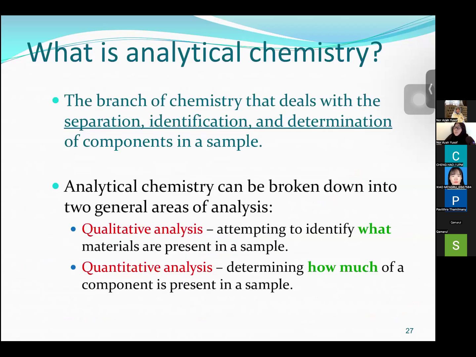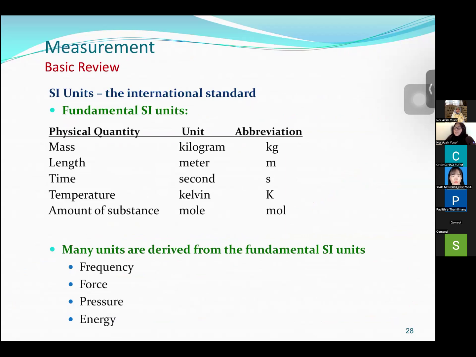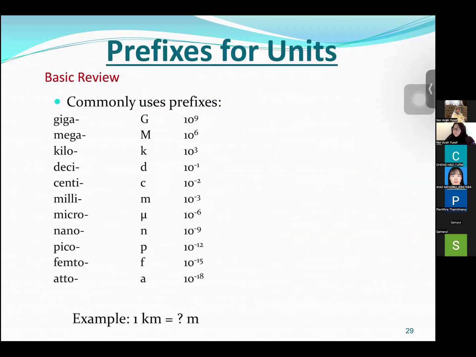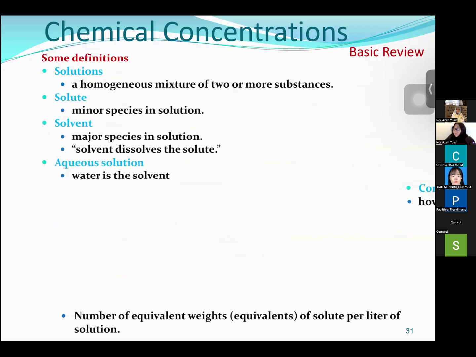Okay, this one we will skip because this is something that you have learned during your undergrad, and it is not very difficult for you to understand the definitions and the basic units. Because in analytical chemistry there's a lot of calculation, so definitely units are very important. So I'm not going to do this.